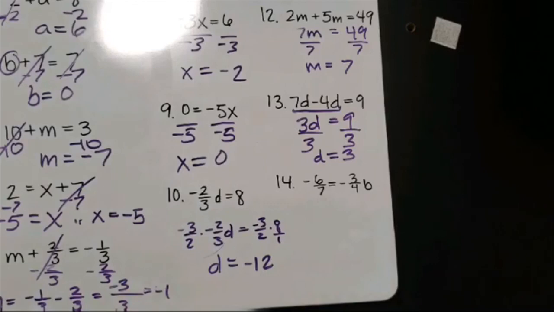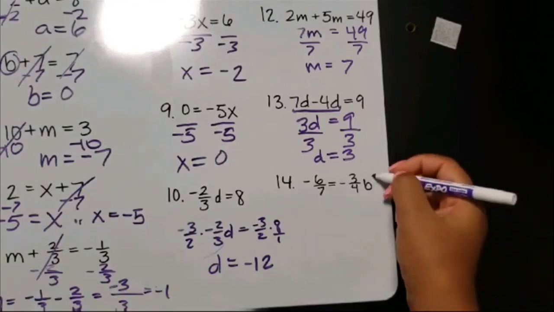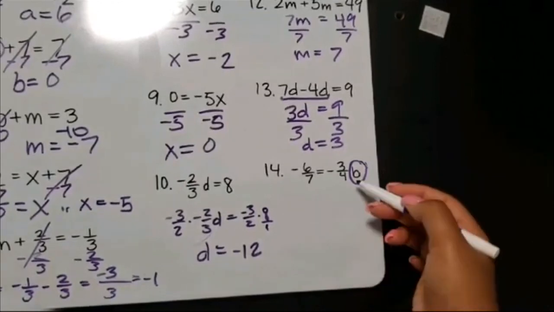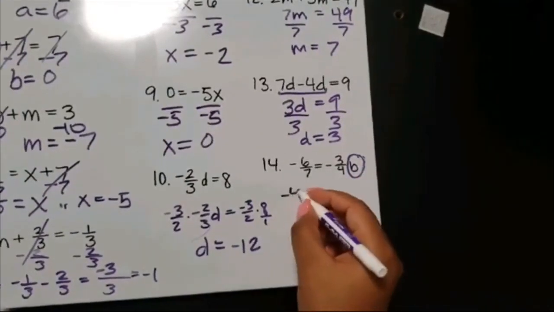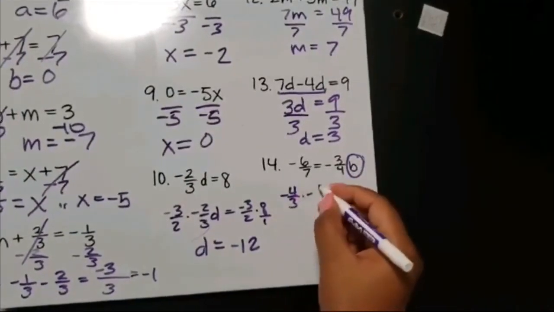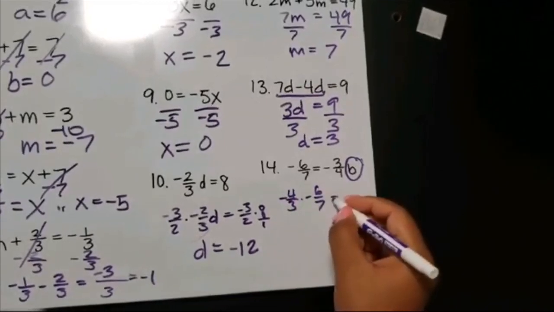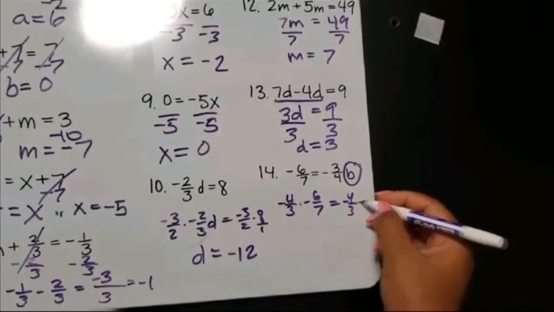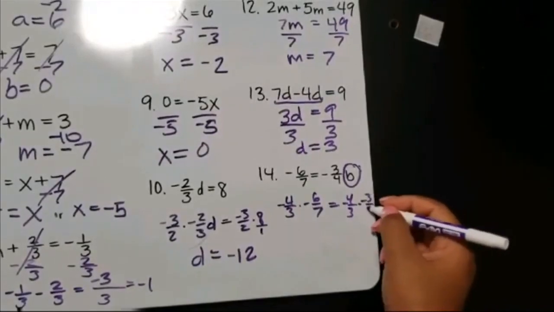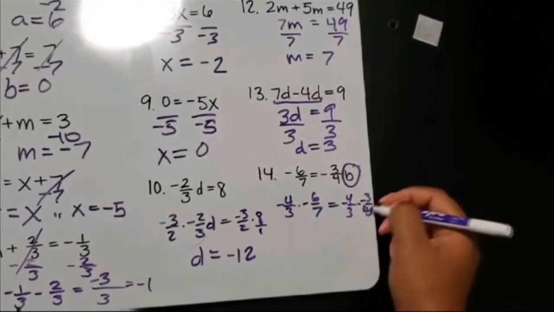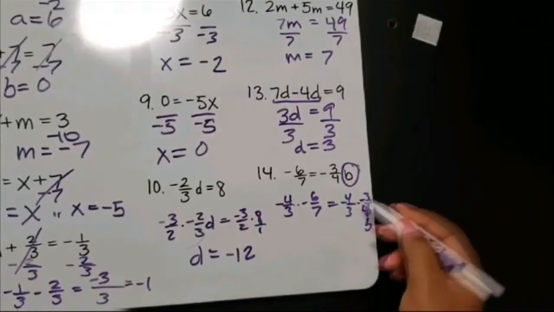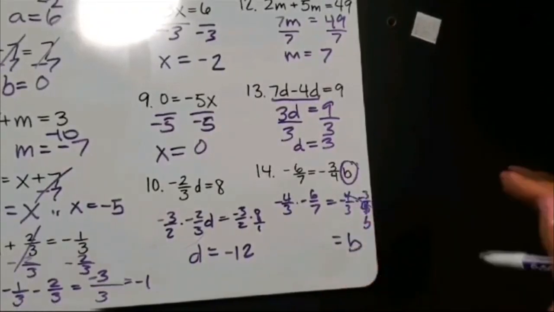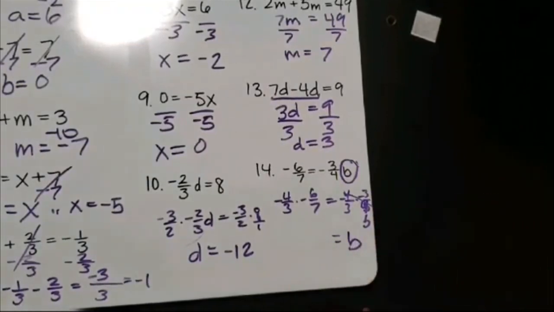So to get closer to the answer, remember we want to get our variable by itself. So we're going to multiply both sides by negative 4 over 3. So that's going to cancel, and we're going to be left with b on the right side.